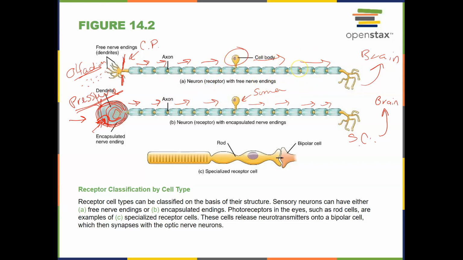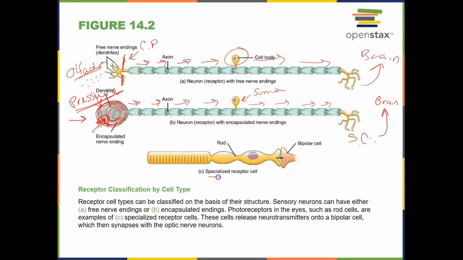You do have some of these bipolar neurons in there. Some of these types of receptors can be pain receptors, also called nociceptors. But basically, the design of sensory nerve cells mirror this bipolar neuron.